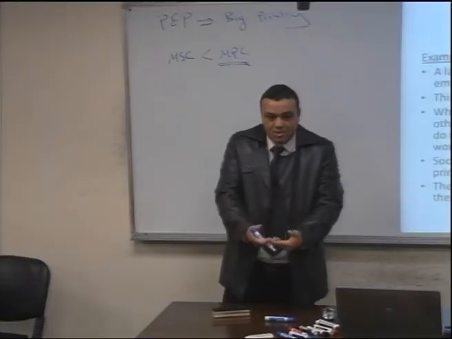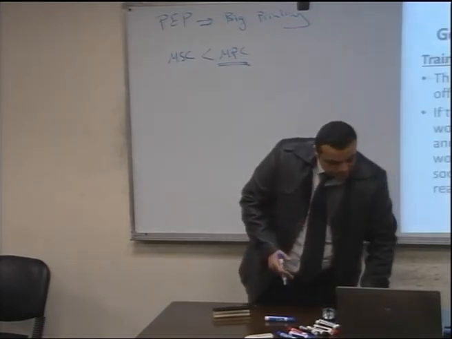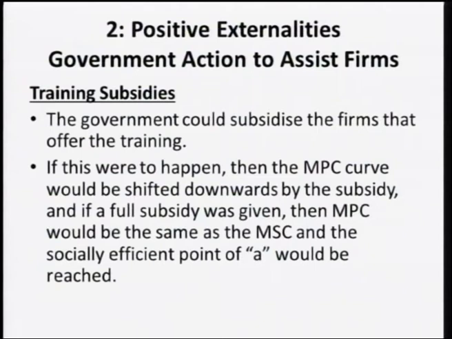What are the solutions here? The government can use the following tools to internalize the externalities, to encourage the large printing firm to offer additional training courses for the community, for new staff.